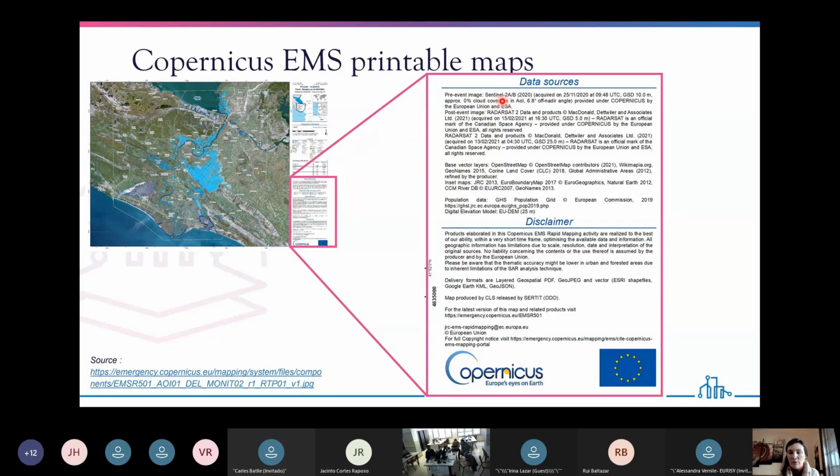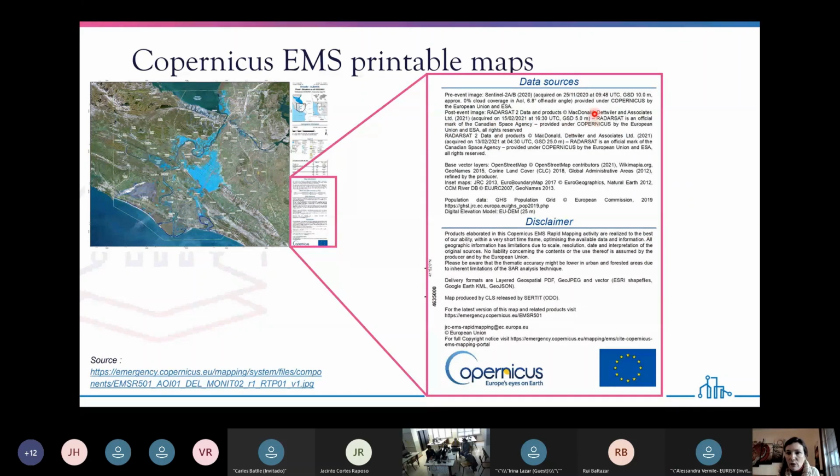And I don't know if you could get this information. A and B are both SAR and optical images provided by Copernicus. Post-event RadarSat, you see here, is not a satellite provided by Copernicus. This is not free imagery.